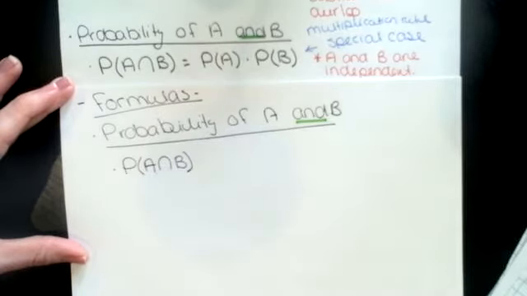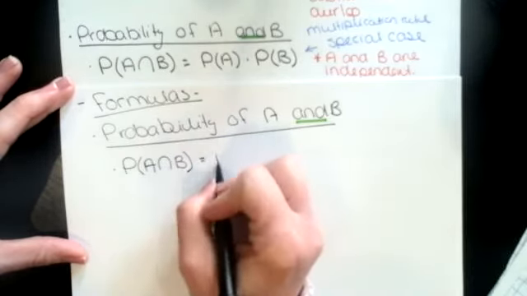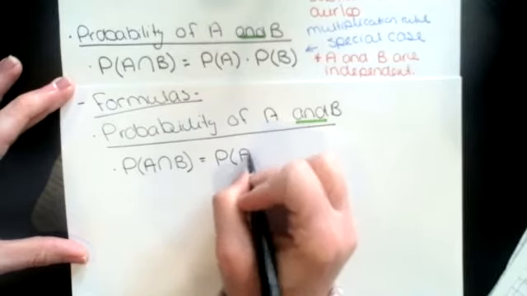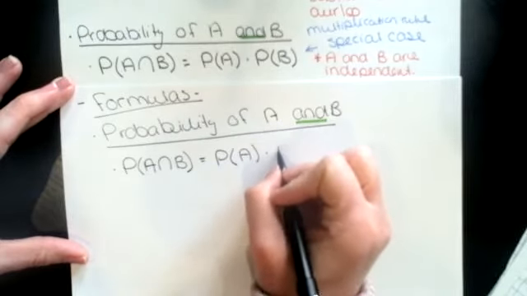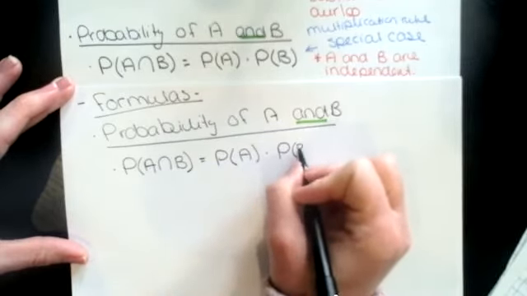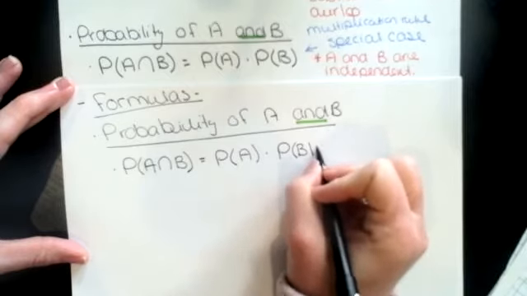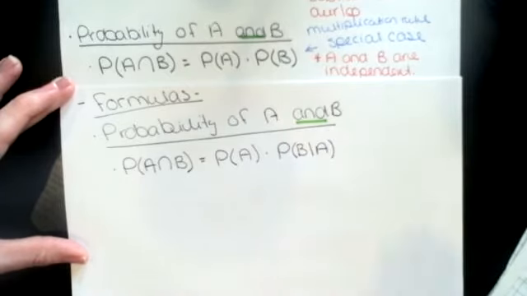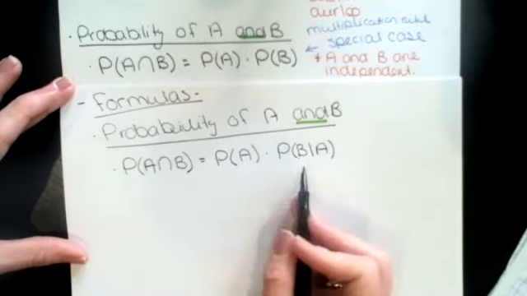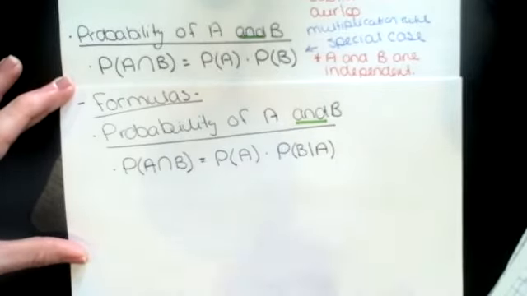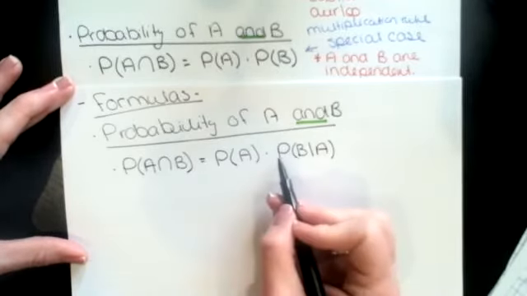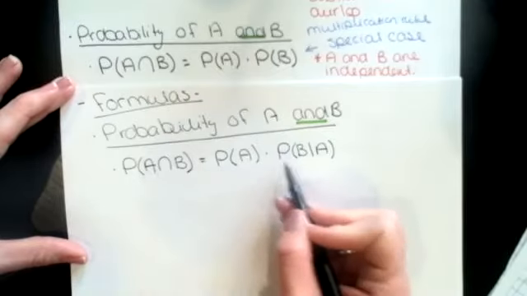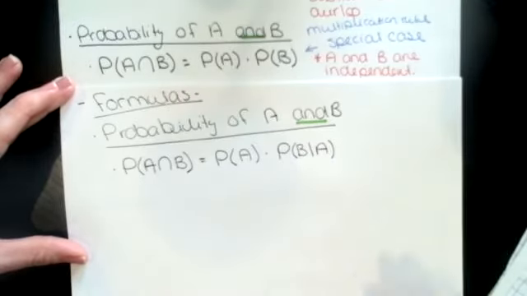It's my intersection. Probability of A and B equals the probability of A times the probability of B given A has already taken place. So you see why I couldn't give this to you last class? I had to wait until we could introduce conditional probability, because this general rule uses the conditional probability.